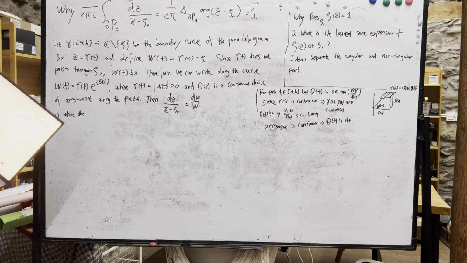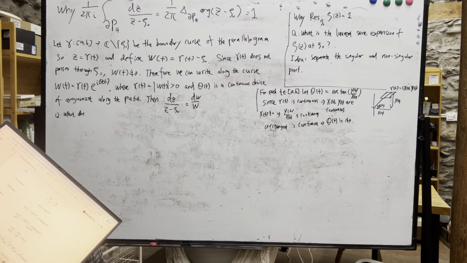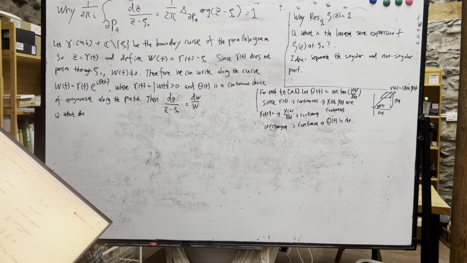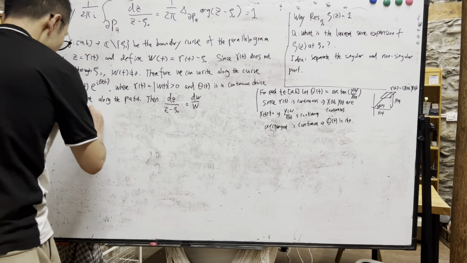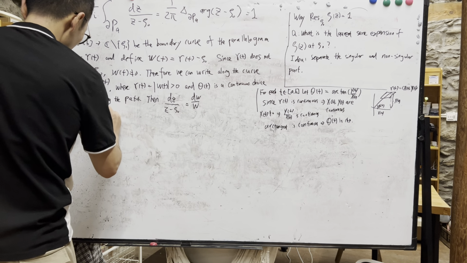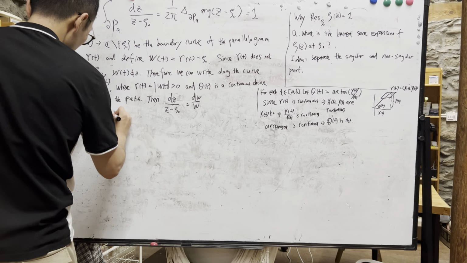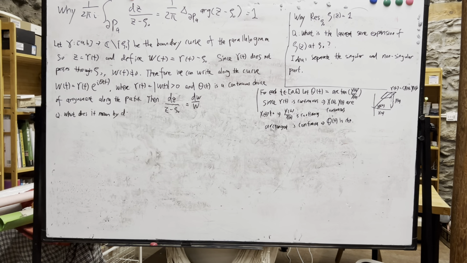So z is gamma t, right? What does it mean by dz?